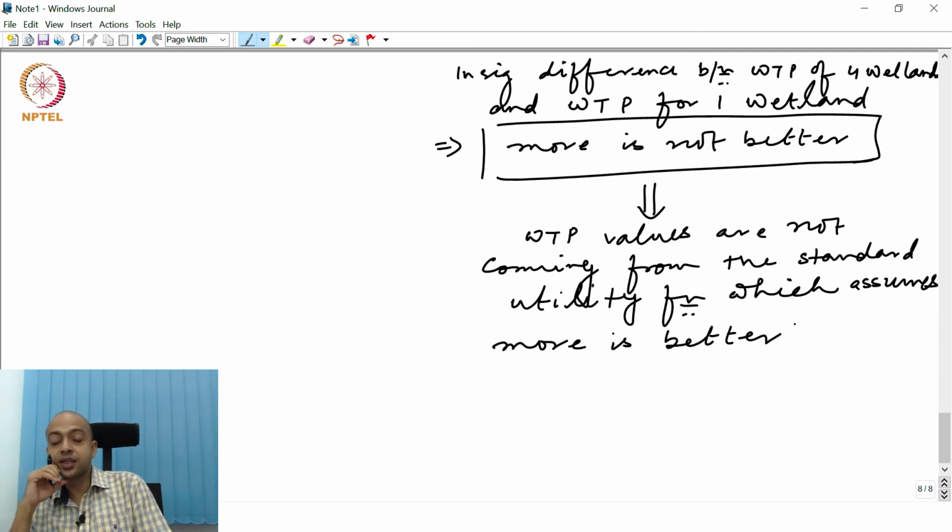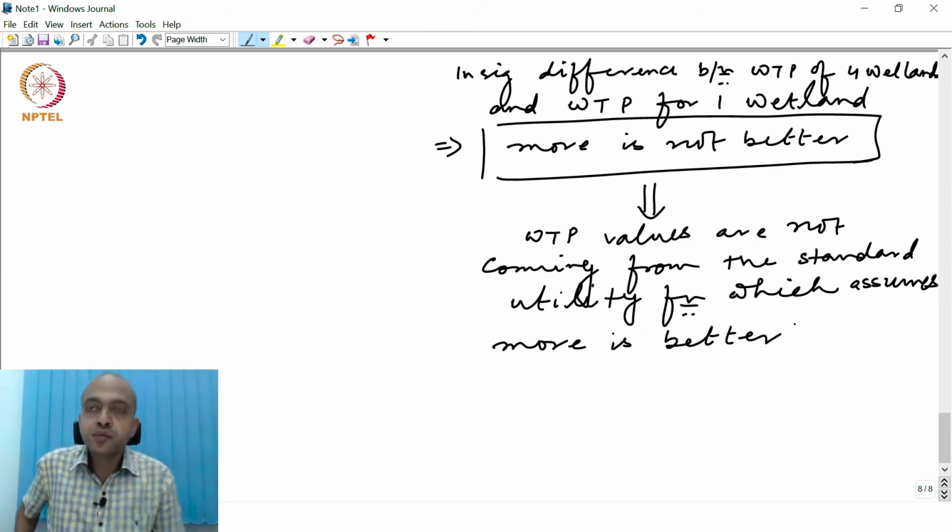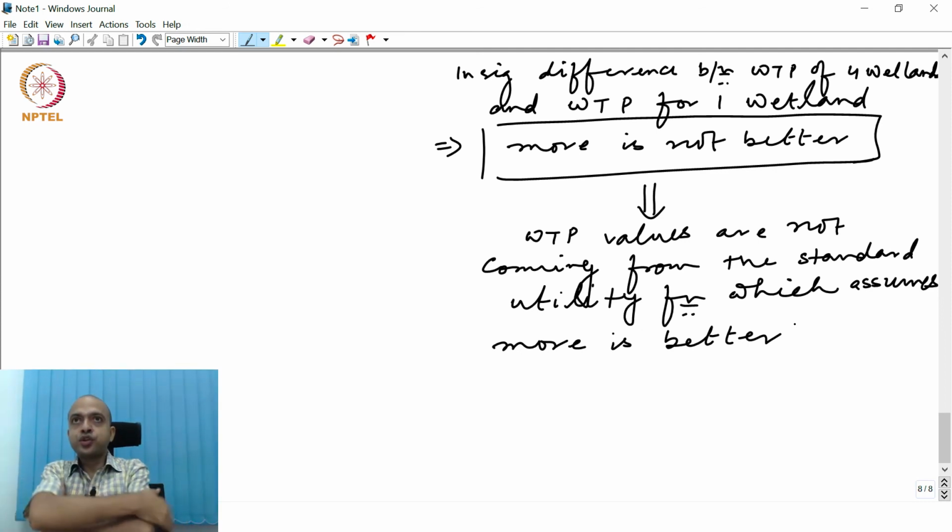If that is the case, then we cannot actually rely much on the willingness to pay value estimated from this open-ended referendum. So this is also another problem in open-ended referendum, which is called embeddedness or part-whole bias.